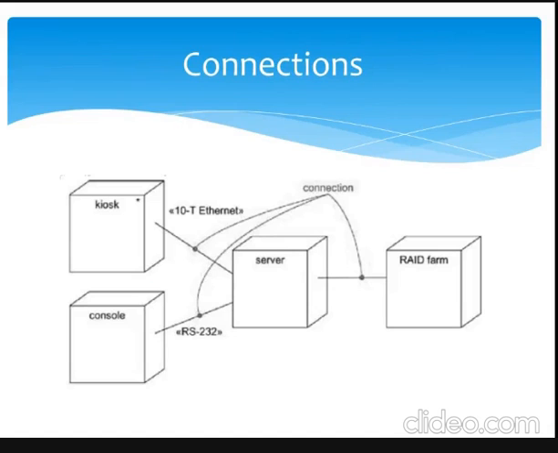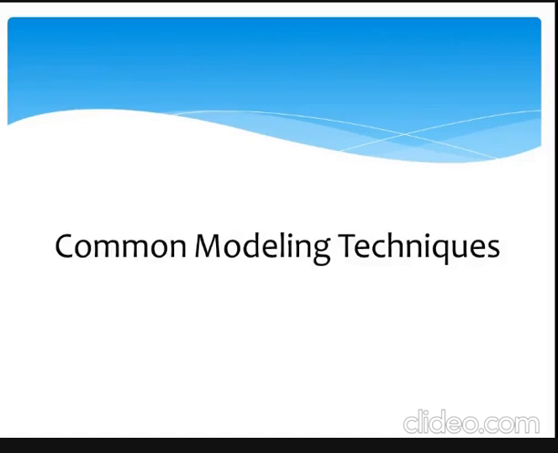If you see all these nodes, server, KSCO, console, RAID farm, they are all interconnected by using association lines. These association lines are nothing but 10T Ethernet cable or RS-232 cable or any kind of cable, represented by using association. These are the common modeling techniques of deployment.